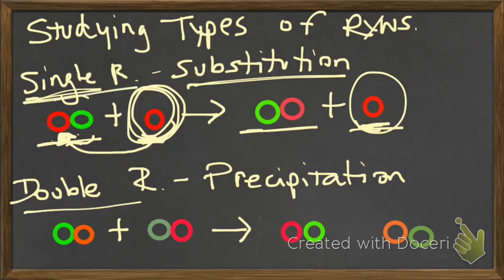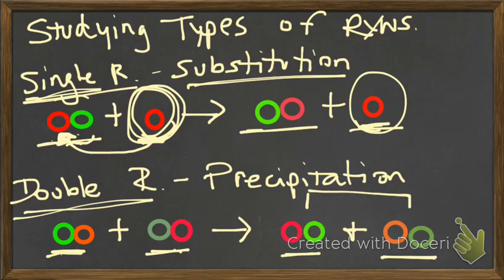Okay, a double replacement is a little different because you have a compound and then another compound, and at the end you end up with reactants on the left and products on the right. You have two products that are the combination of this positive with this negative and this positive with this negative.